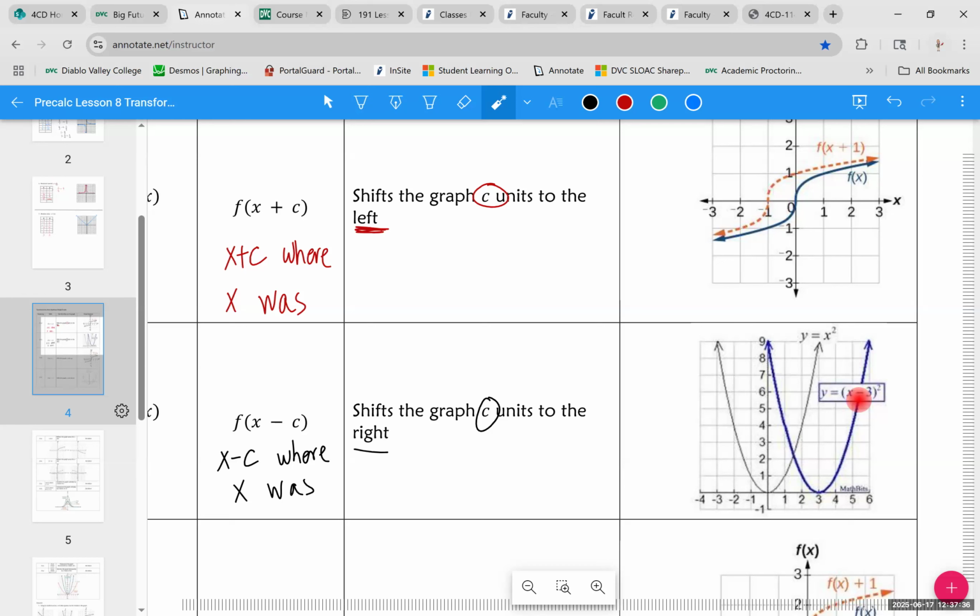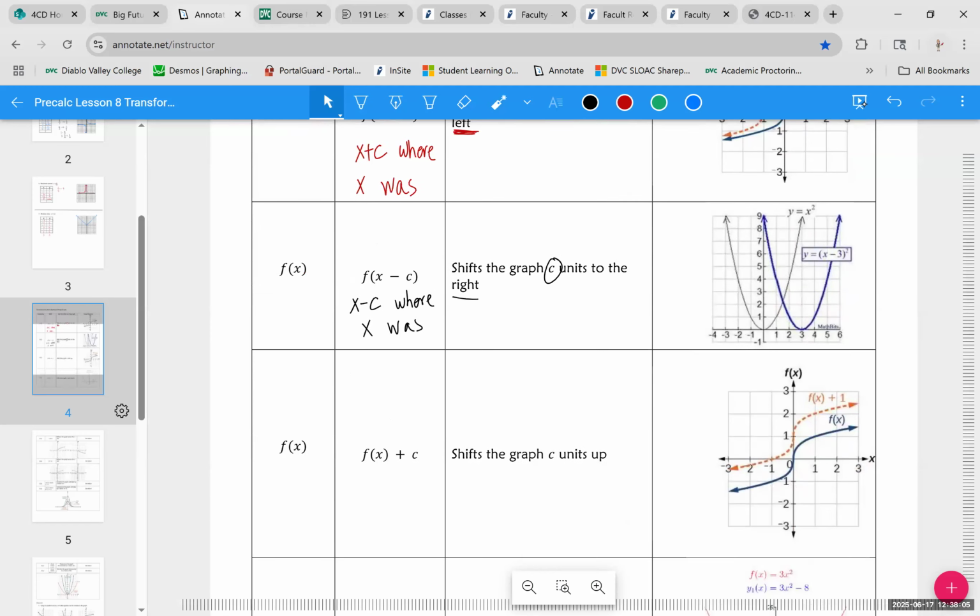That means move the whole thing 3 to the right. So take that vertex, 1, 2, 3. Take that 1, 1, 2, 3. Take the other one, 1, 2, 3. And the 2, 4, 1, 2, 3. And the negative 2, 4, 1, 2, 3. And then I can draw that parabola again. So that's what a left-right shift looks like.